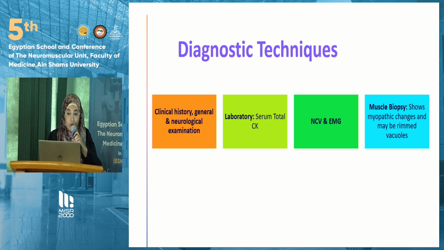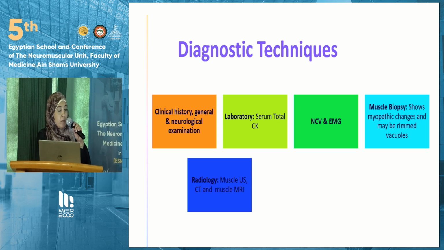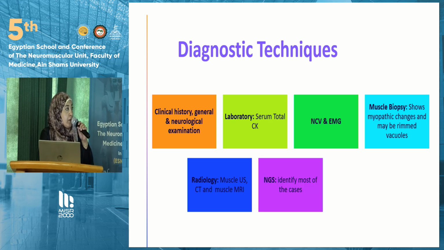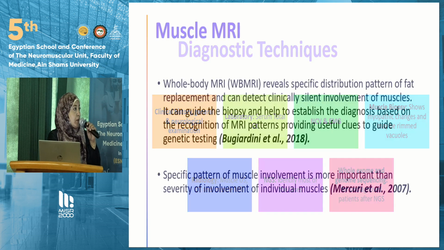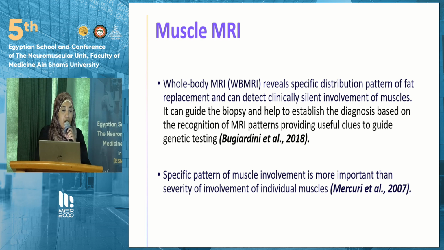Muscle biopsy shows myopathic changes, and may show rimmed vacuoles. Radiological studies include muscle ultrasound, muscle CT, and muscle MRI, and next generation sequencing, whole exome and genome sequencing, identifies most of the cases.